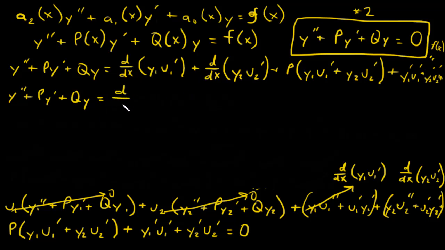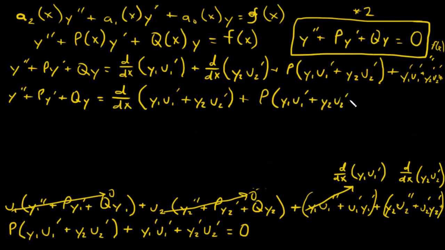So this is d dx of y1 u1 prime plus y2 u2 prime plus p times y1 u1 prime plus y2 u2 prime plus y1 prime u1 prime plus y2 prime u2 prime equals f of x.